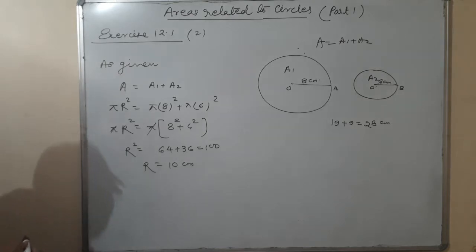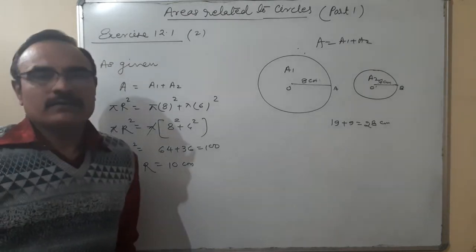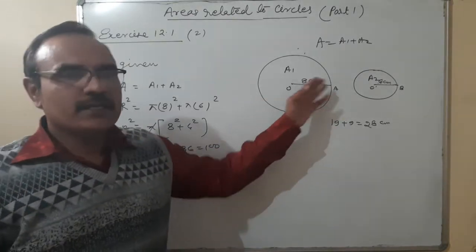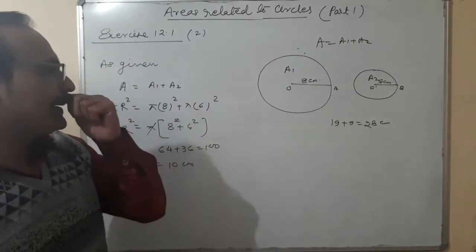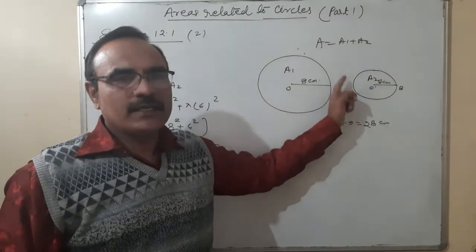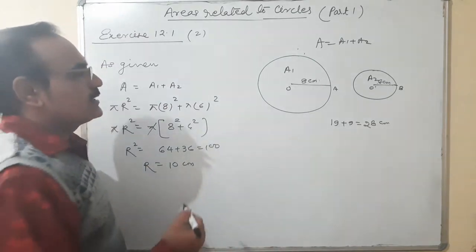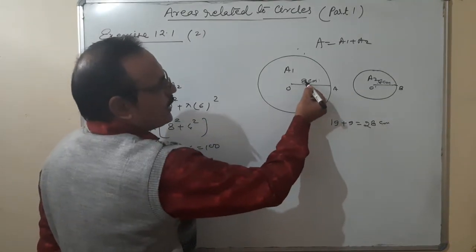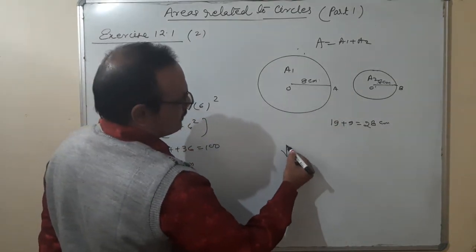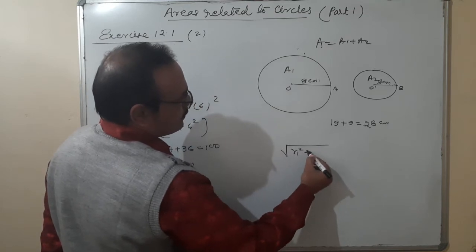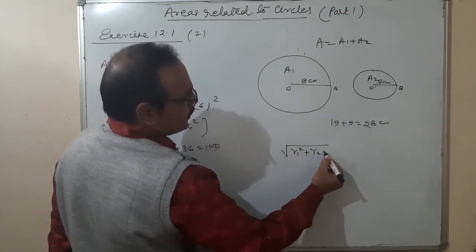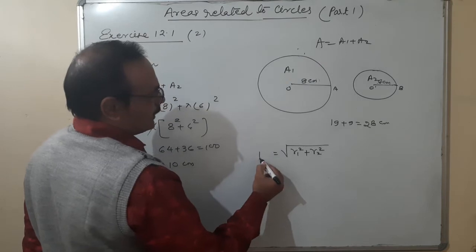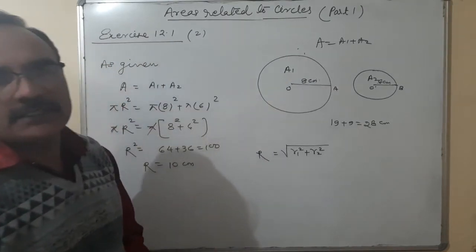Okay. So the radius of this big circle whose area is equal to the sum of areas of the two is equal to 10 centimeter. Now what is the relation between these radii and that radius? The relation is that the square of this radius, r1 square plus r2 square, is equal to capital R square. This is the relation.